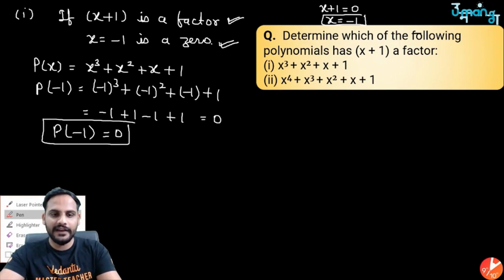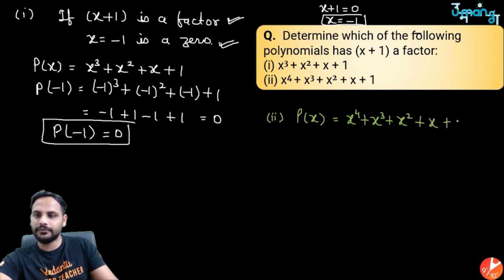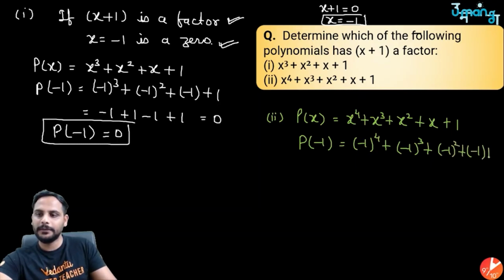Similarly, check whether x equal to minus 1 is a 0 of the second polynomial also or not. The value at x equal to minus 1 for this polynomial, x raised to the power 4 plus x cube plus x square plus x plus 1, is minus 1 raised to the power 4 plus minus 1 cube plus minus 1 square plus minus 1 plus 1.